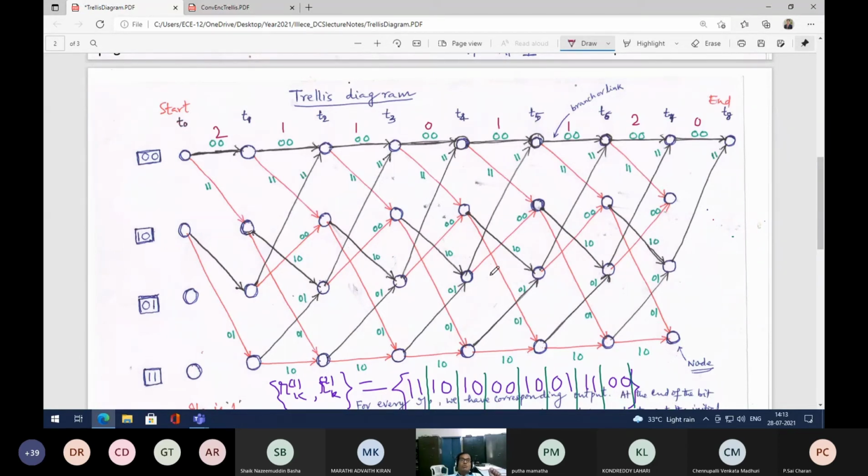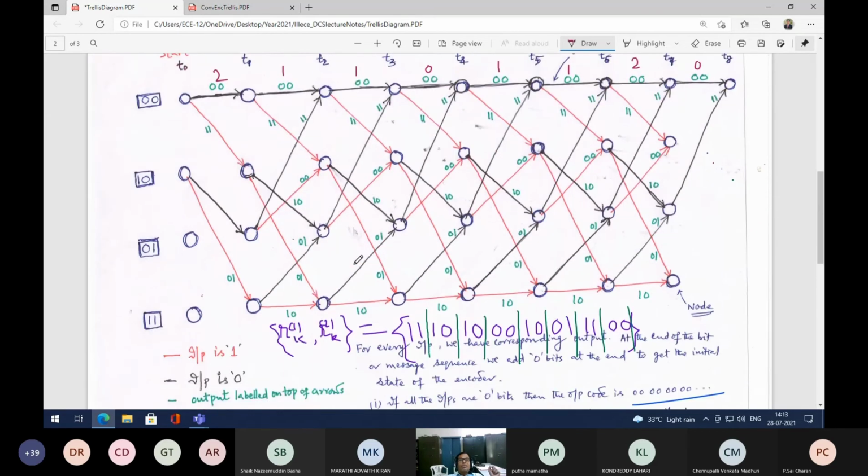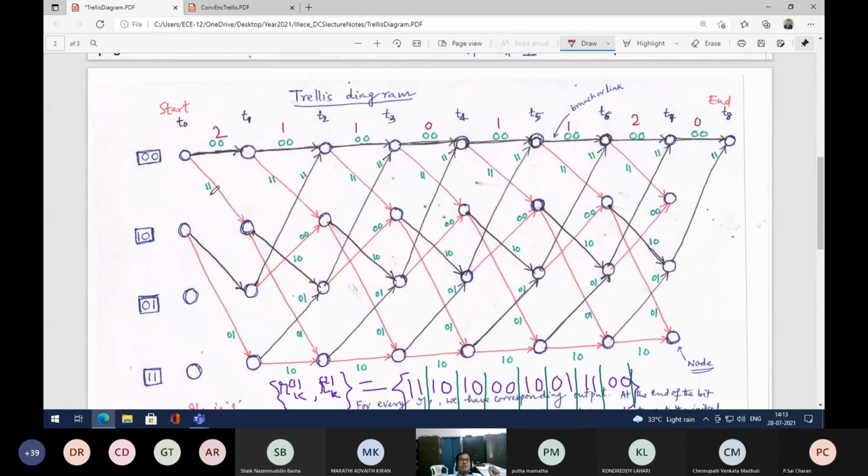Okay? Let me give you one more example. Let us say 1 1 here. I go this way, this path, all red colors, all 1 1s. So I'll go 1 1, 1 1. What is the Hamming distance here? 0, sir. 0. Very good. 1 0, 1 1. What is the Hamming distance here? 1. Right?